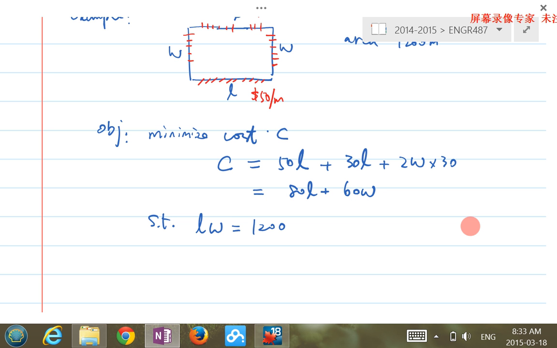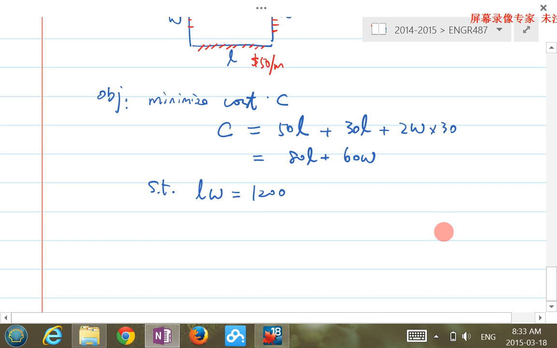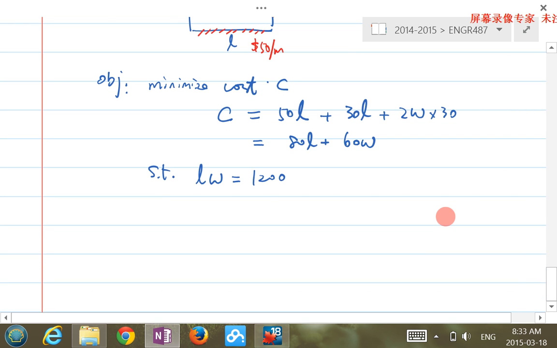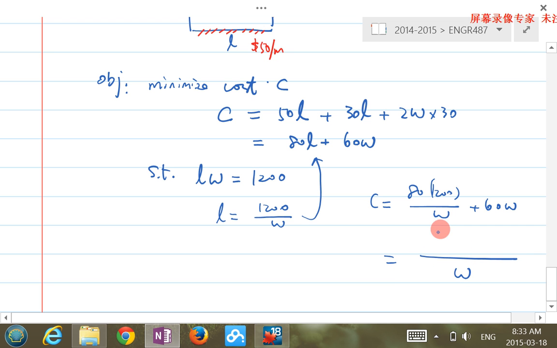For this kind of simple problem, you can actually use substitution. You can say L equals 1200 over W, and substitute it back into the cost. Then C becomes a function of W only: 80 times 1200 over W plus 60W, which over W gives 80 times 1200 plus 60W squared.